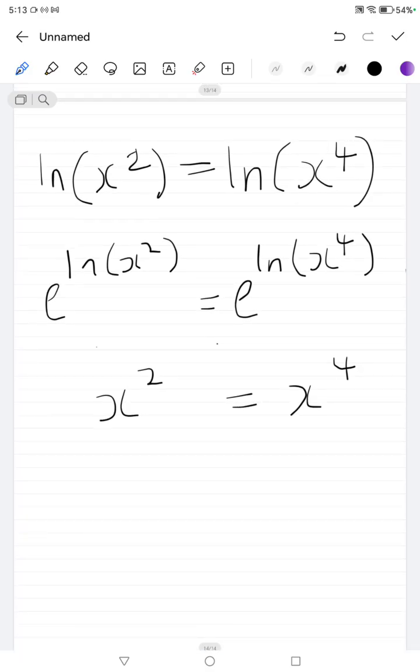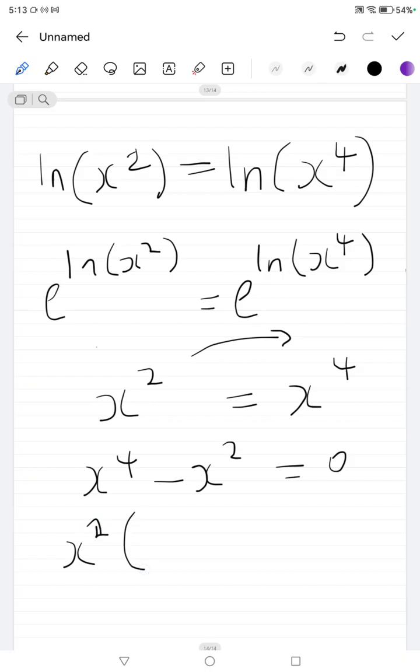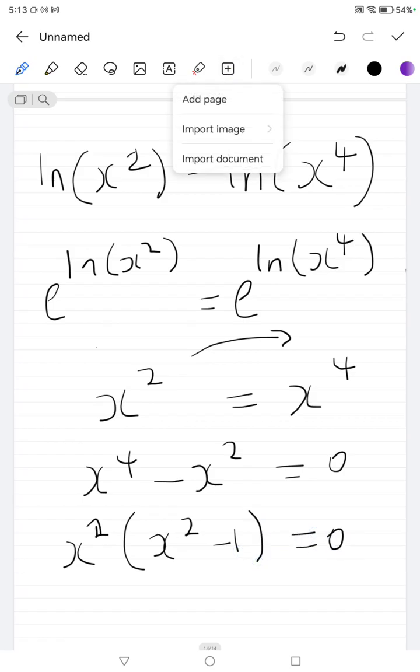Then if you take this one to the other side, it now means you have your x to the exponent 4 minus your x squared, which will be equals to 0. Then you know you can take your x squared as a common factor, then you're left with your x squared times x squared minus 1 is equals to 0.